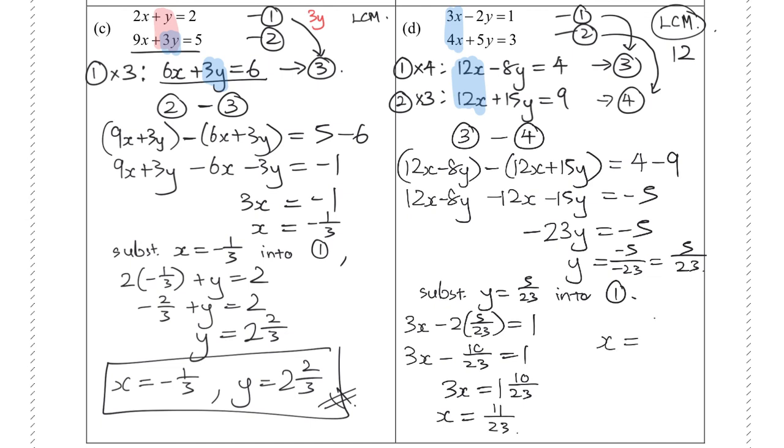So to conclude, x is 11 over 23 and y is 5 over 23. We are finally done. Hooray!